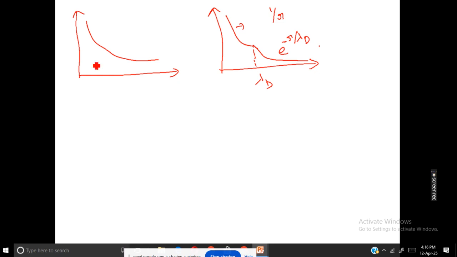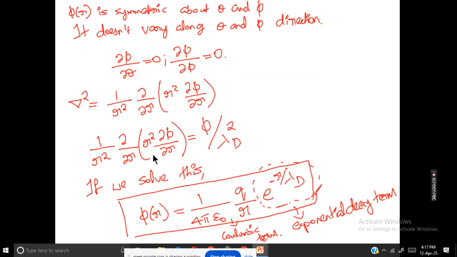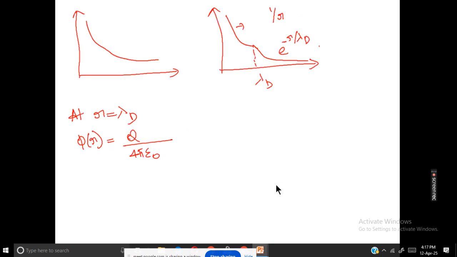At r equal to lambda d, phi of r reduces to q by 4 pi epsilon 0 lambda d into e raised to minus 1.